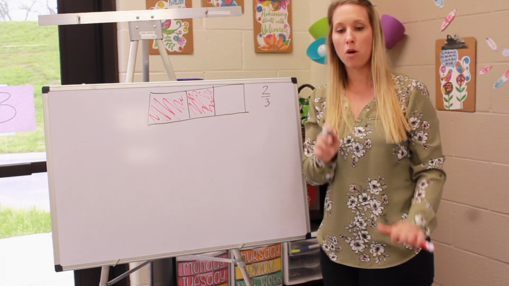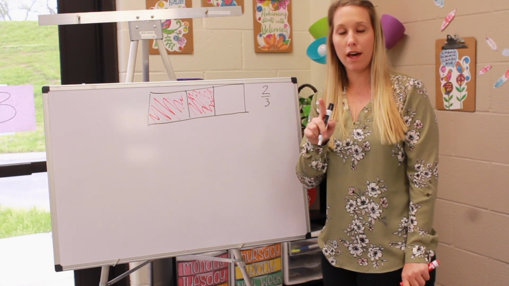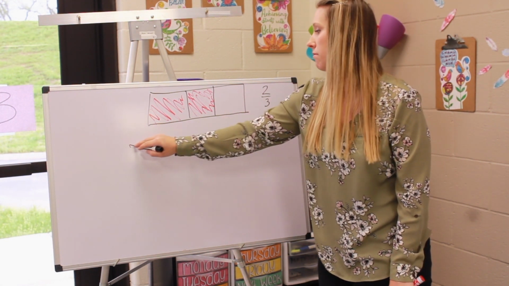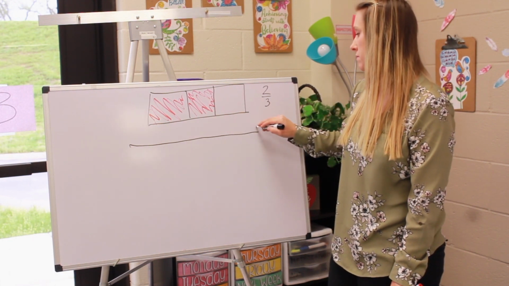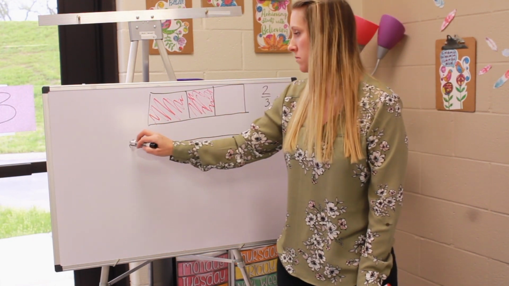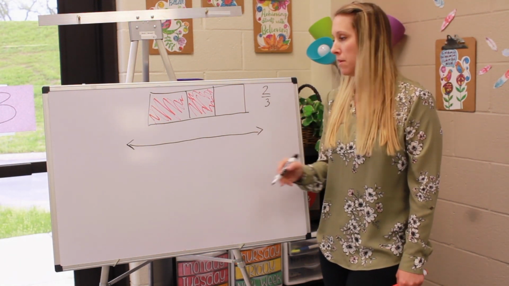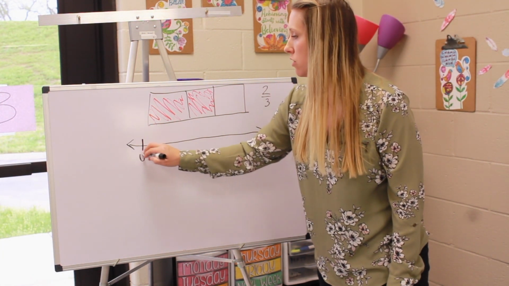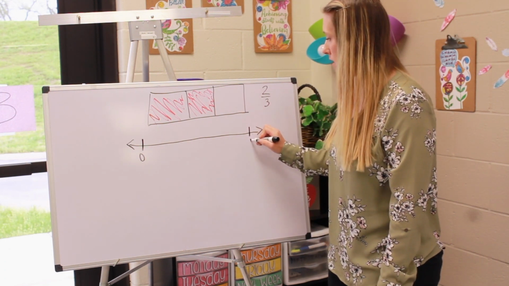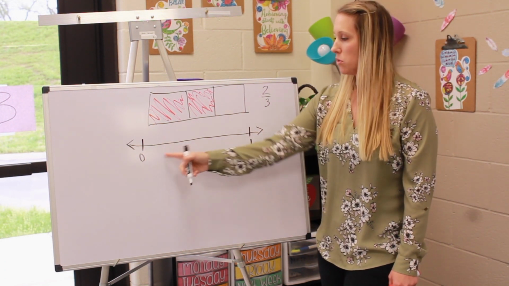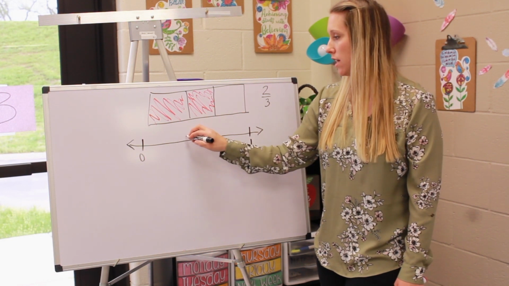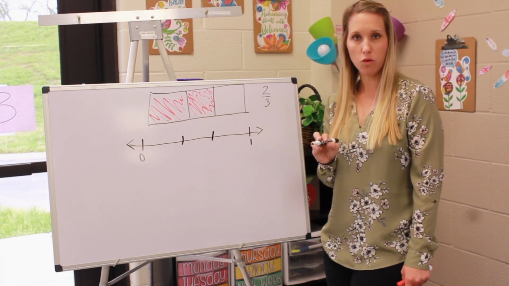Now I want you to take a moment and do it with a number line. Go. Remember, our number line is going to start with a 0 and end with a 1. In between, we partition our whole into 3 equal pieces.